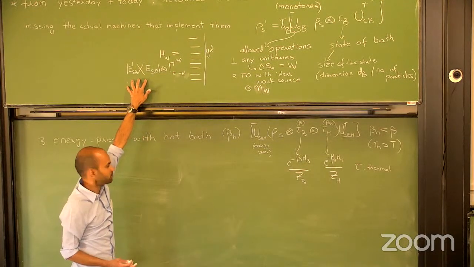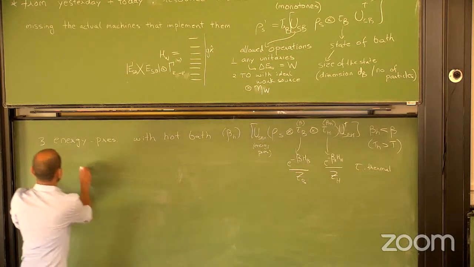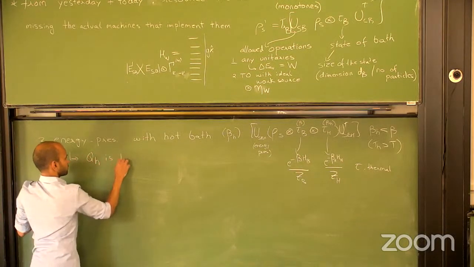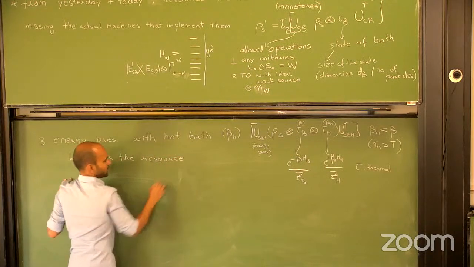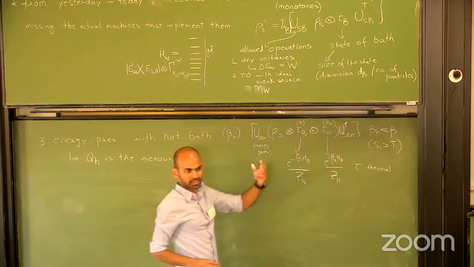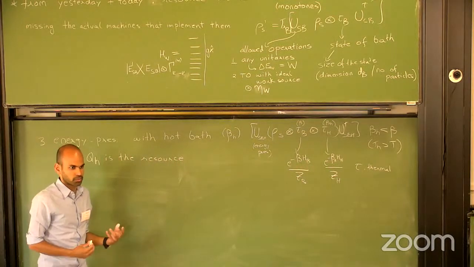In the case when we use a hot bath, the resource here is Q hot, the energy change in the hot bath. Essentially the energy change in tau hot in a single step, because that energy has to be provided by the hot bath if you keep repeating these steps.